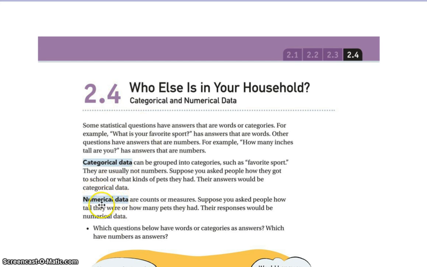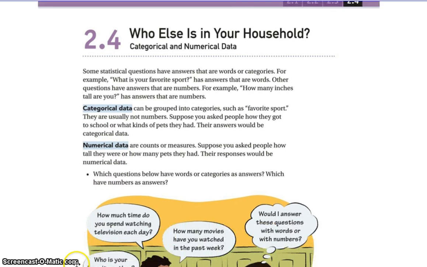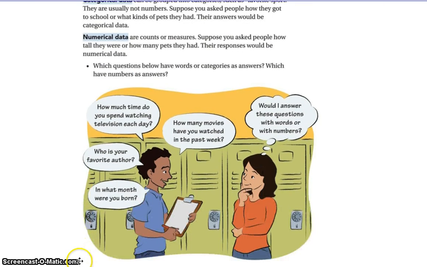Numerical data are counts or measures, and these are answers that will be in number form. For example, how many pets you have, how many children are in your house, these questions you will respond with numbers. So let's take a look at a couple of questions out of the book.